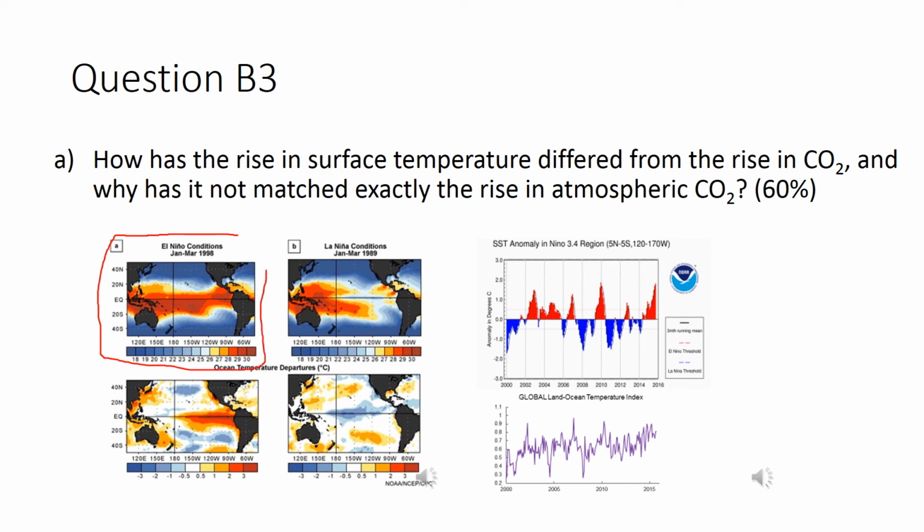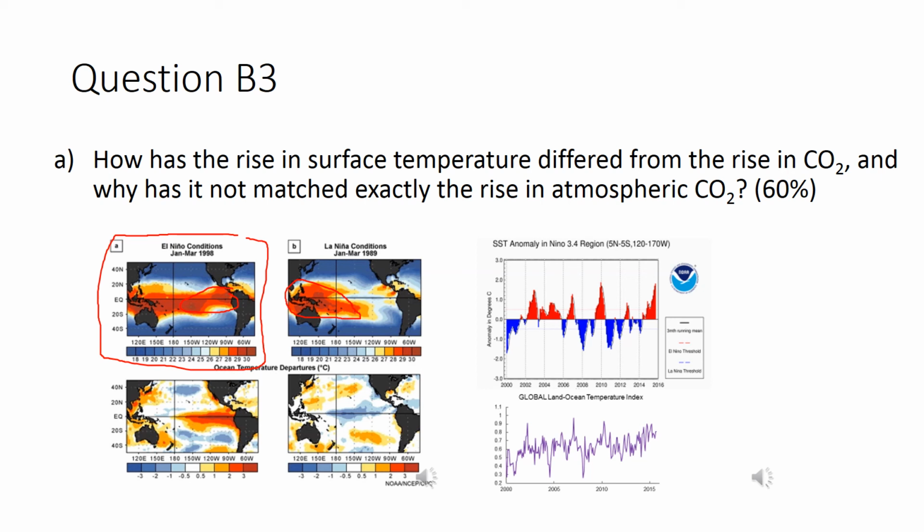Okay, we can see that the ocean temperature is much higher in the Pacific. The warm pool is spread out much further to the east over to this side here than it is with La Nina conditions, where all the warm water is piled up over in the west.